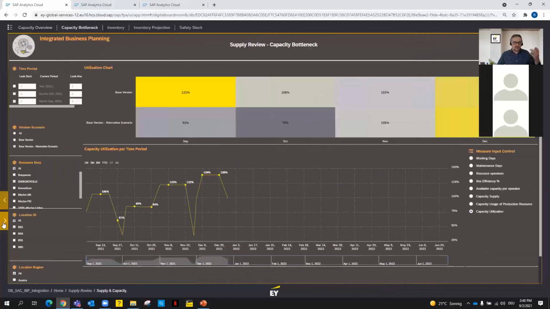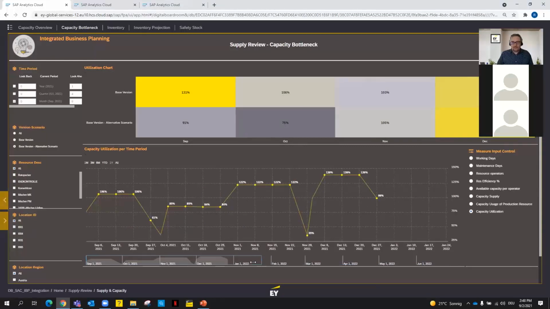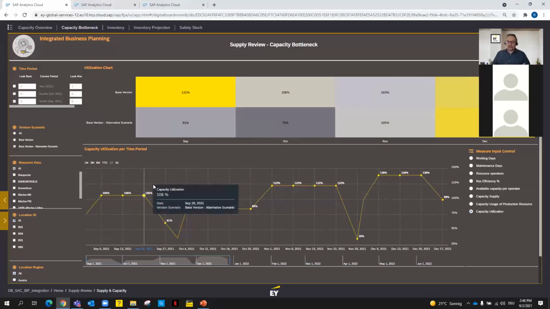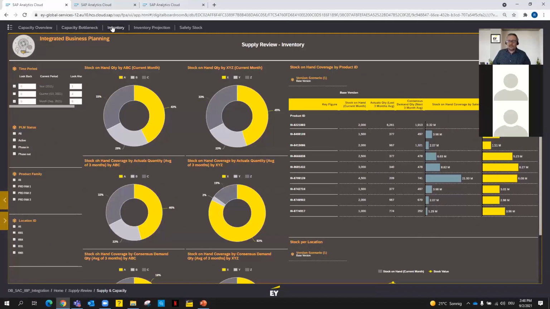Like, for example, some of the requirements for the capacity are actually shown here. So at the end, we can still analyze certain drivers directly in the SAC based on the information provided in SAP IBP and complemented with S4, apologies. So we pulled as well information about, as we said, capacities, but as well for the inventories.